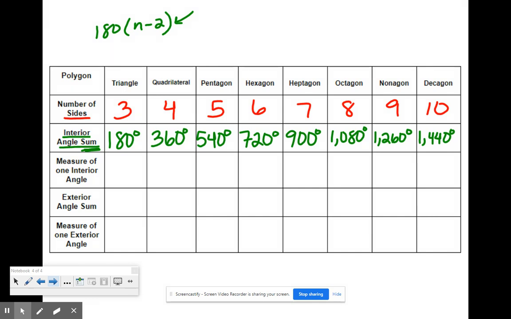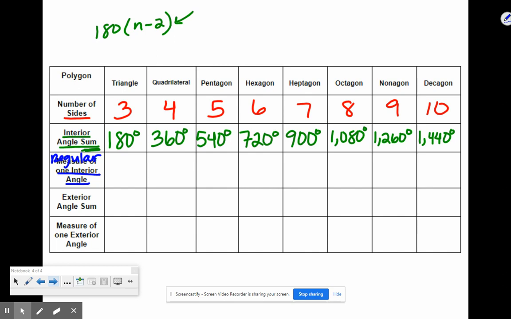Now we can also fill in the next level because it's asking for one interior angle. This is for regular polygons only, if all the sides and angles were the same.